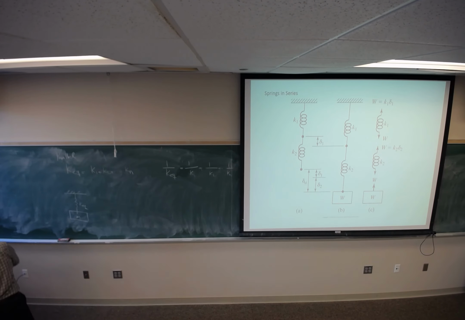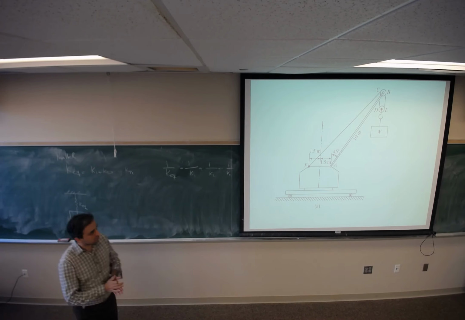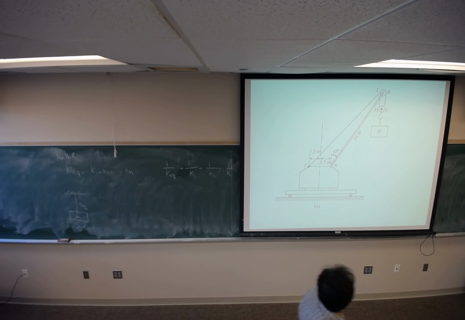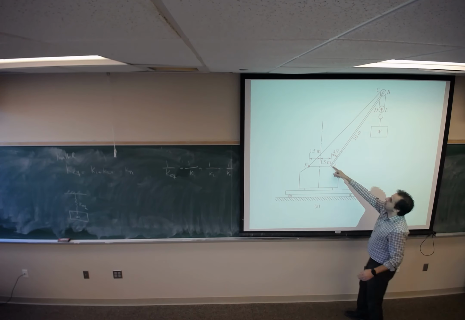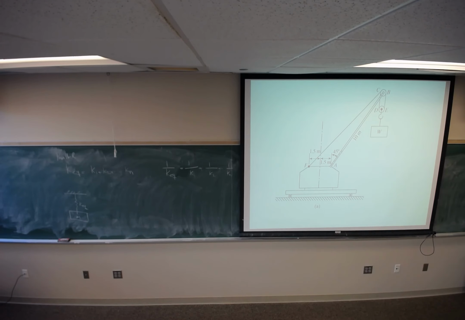Then we started this example. It's the crane machine. So there is a boom made of steel with a cross section of 2,500 millimeter squared.